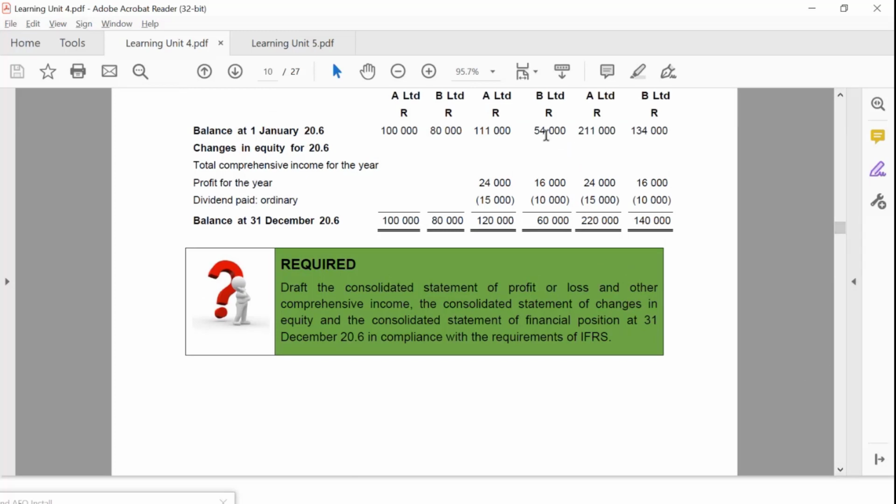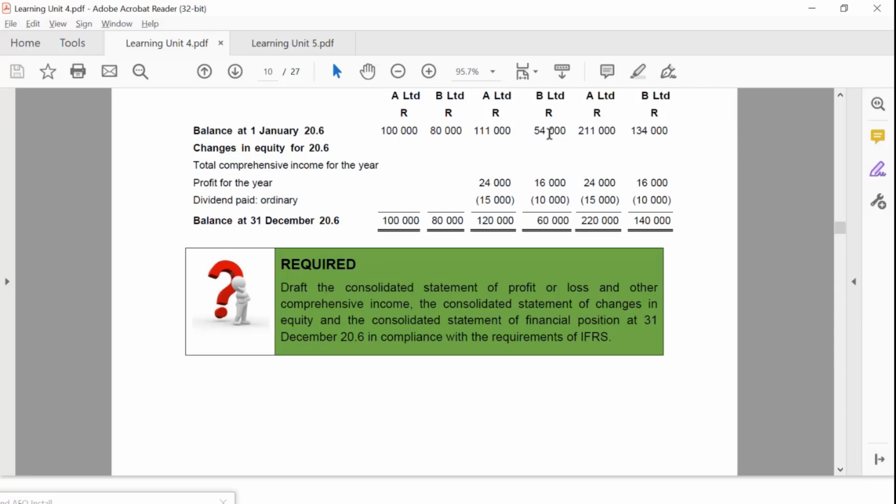The 54,000 from here is the opening balance of B Limited. Remember, this is basically the retained earnings of B Limited. So you subtract the 26,000 that was at acquisition, retained earnings, minus the beginning retained earnings, 54, to give me what? The 28.